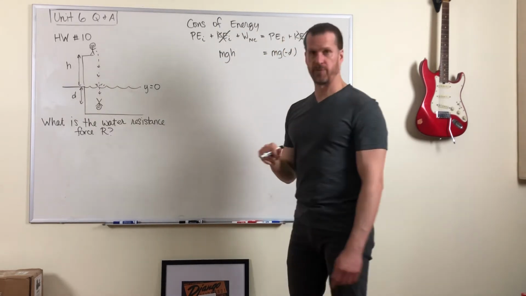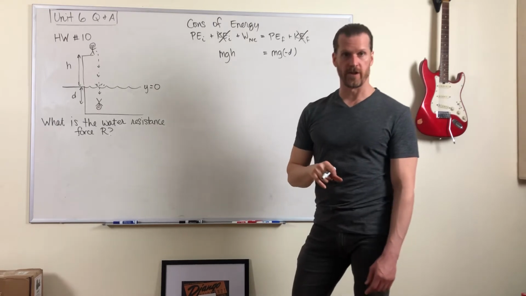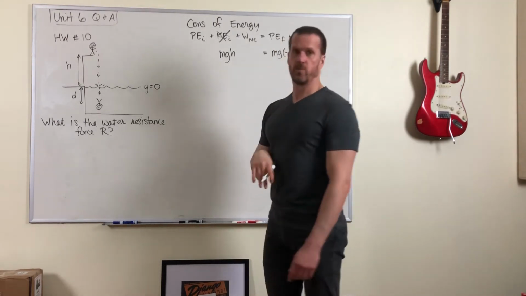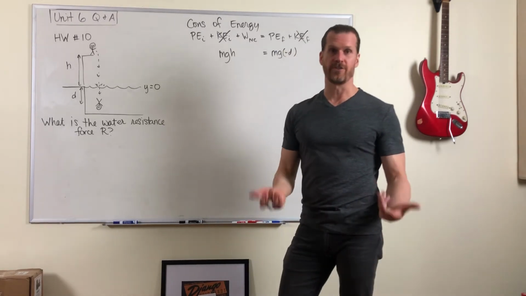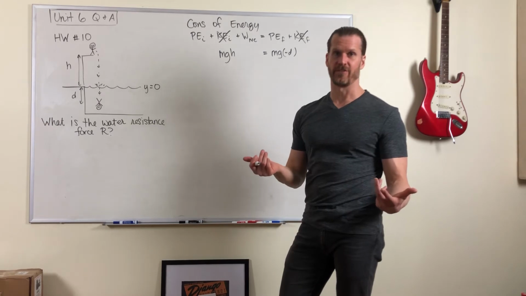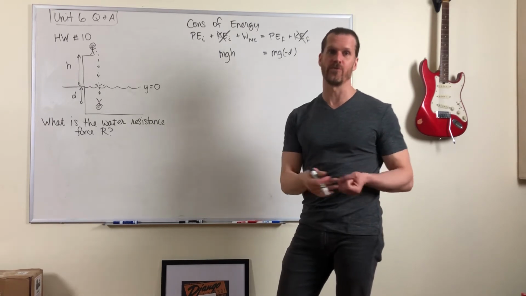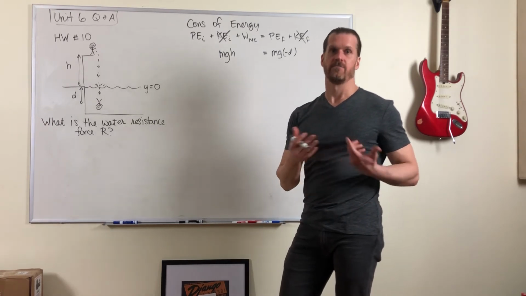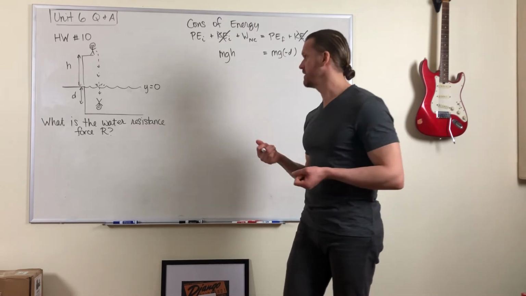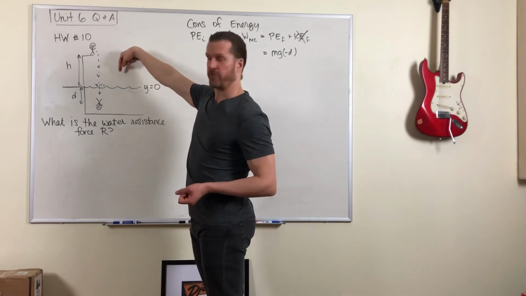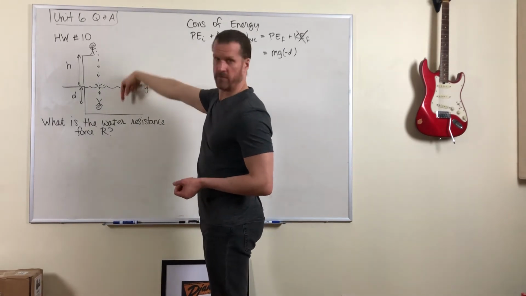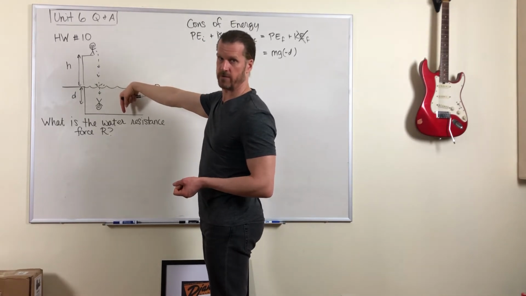And one more thing to put in there, it's the work done by the non-conservative force. And whenever you have a non-conservative force doing work, it's negative. Non-conservative forces always tend to slow the system down. That means they do negative work. Another way to think about that is when the diver enters the water, the displacement vector points down.